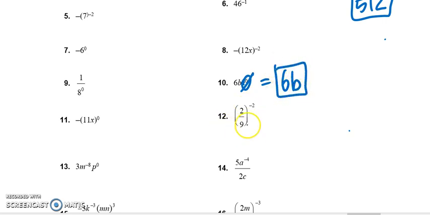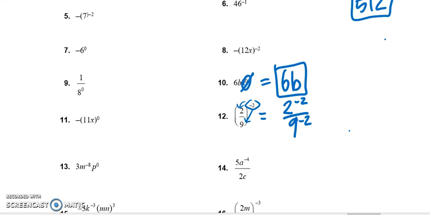All right. Here, negative 2, it's being raised to this. The exponent is going to go to the top, and it's going to go to the bottom. That's an exponent rule that I am telling you now. So we get 2 to the negative 2 over 9 to the negative 2. Well, if you notice, they're both going to flip-flop because the negative exponent makes it move.